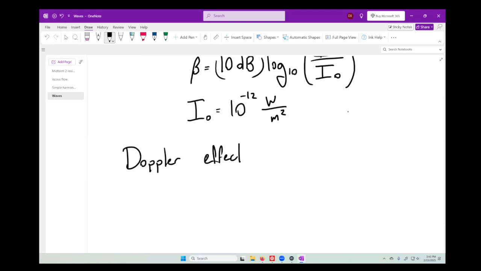All right. And then I guess last thing here, we talked about the Doppler effect. So this is a change in the frequency due to motion of either our source or our observer relative to the medium carrying the waves.